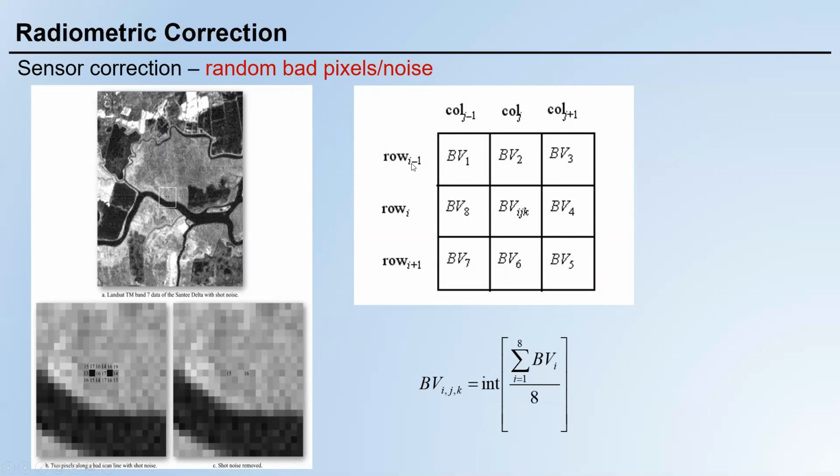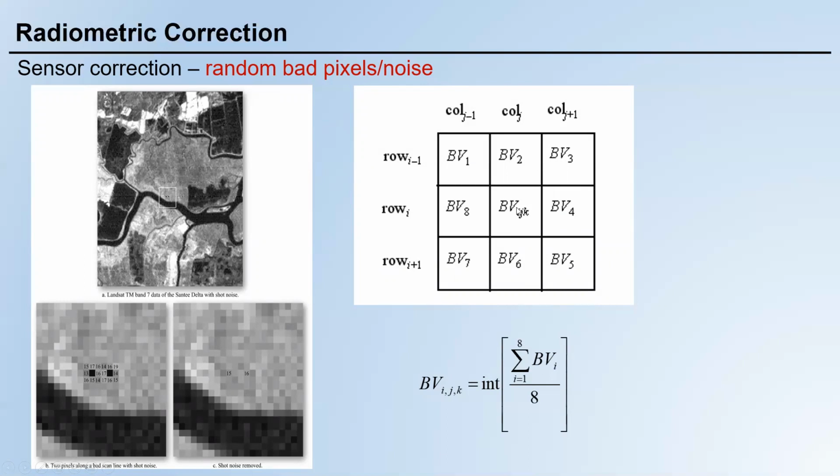I is used to address row number, and J is used to address column number. The central pixel BV(i,j,k) is the bad pixel. So there are 8 surrounding pixels.